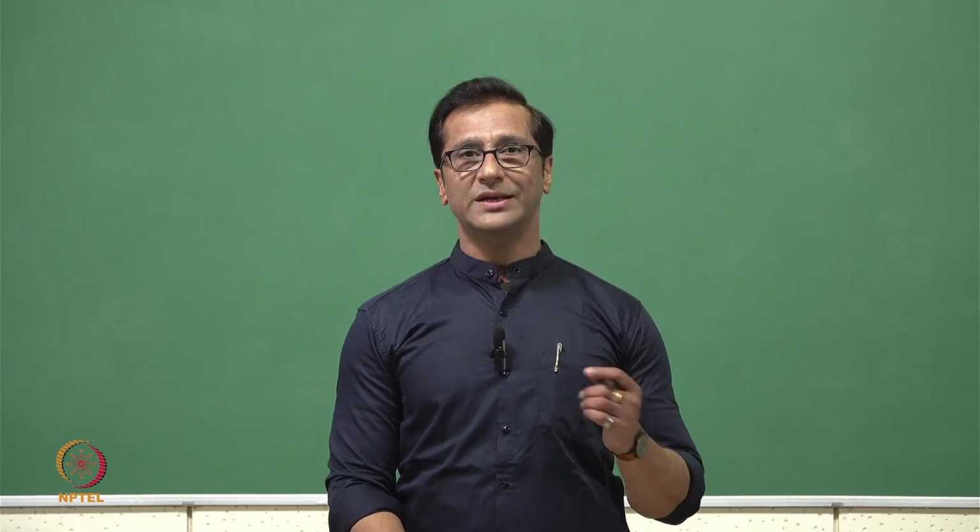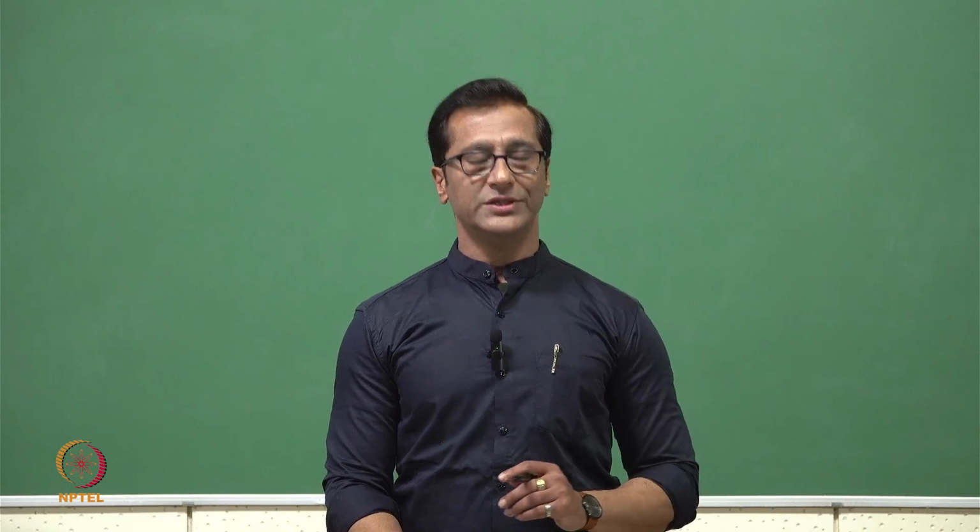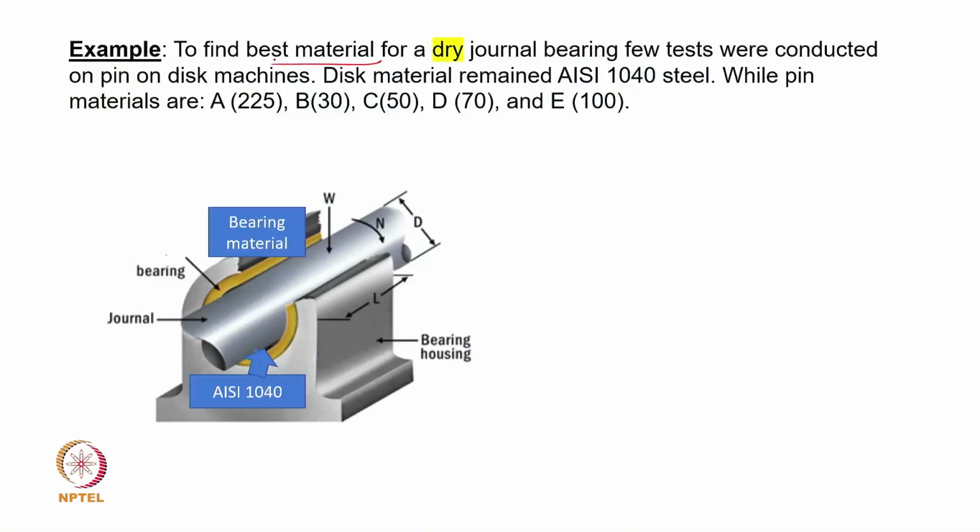Just to illustrate what I said, I'm giving one example. We want to find out the best material for a dry journal bearing, that means we are not going to lubricate it. For the dry condition, how will the material behave against the shaft material, something like AISI 1040 steel.